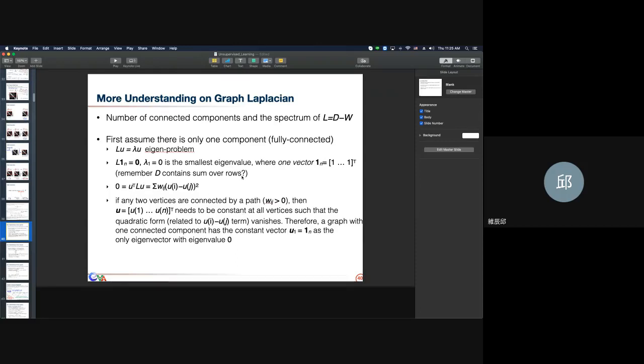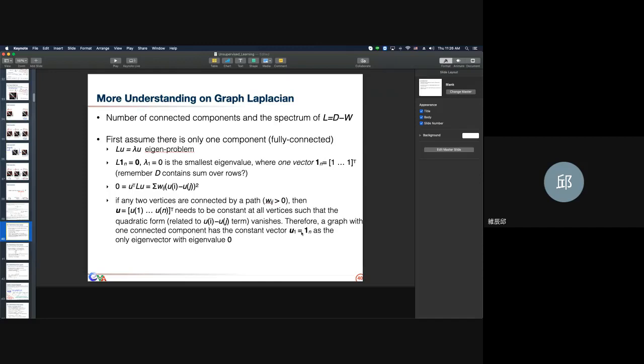And according to these descriptions here, we know that this L matrix, its smallest eigenvalue, or we say its zero eigenvalue, will only have a single eigenvector, and this eigenvector is a one vector.